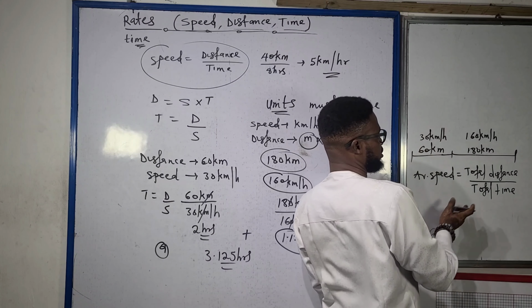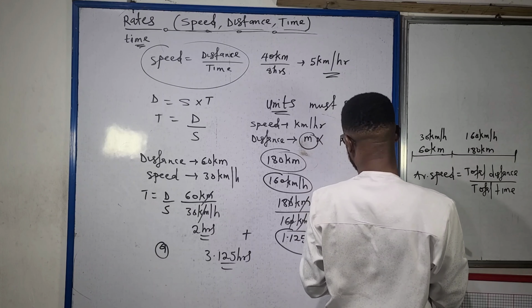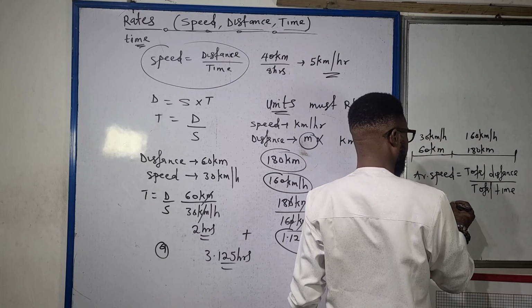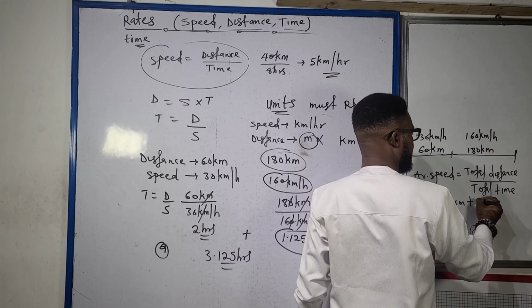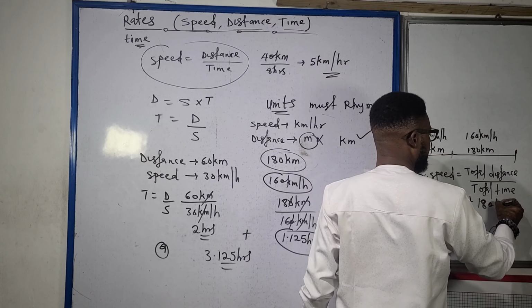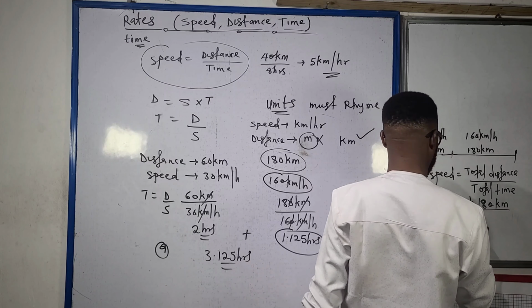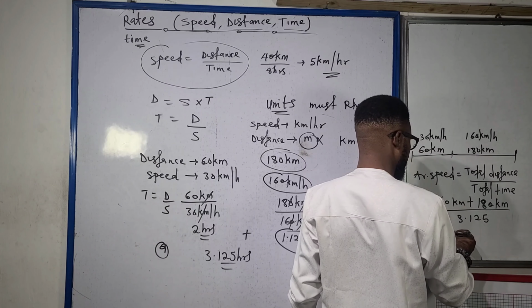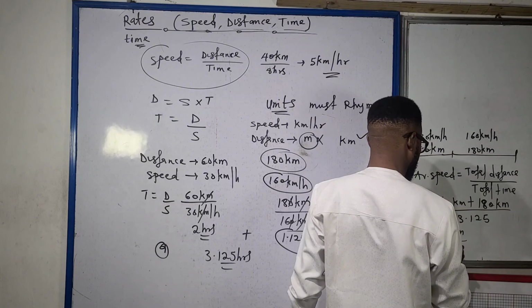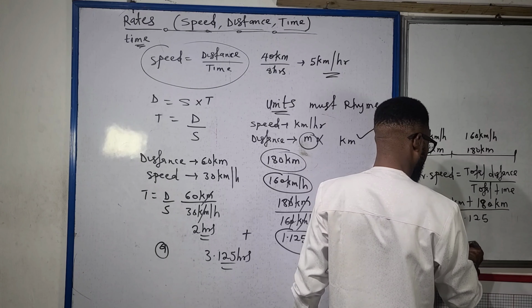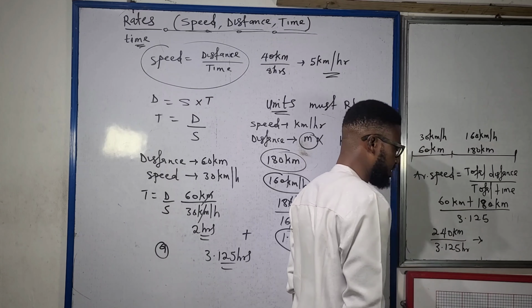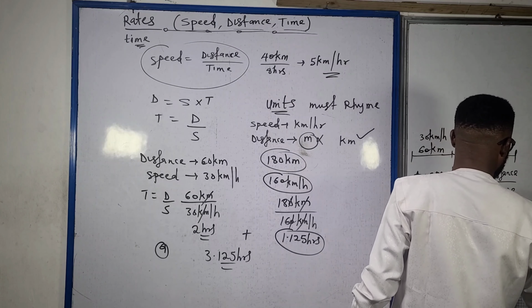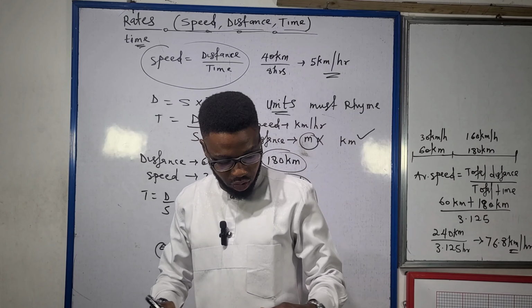So what this means is that the total distance is 60 kilometers plus 180 kilometers, all divided by the total time, which is 3.125. Of course, this will give you 240 kilometers divided by 3.125 hours. So my average speed is 76.8 kilometers per hour. So this looks all simple for now.